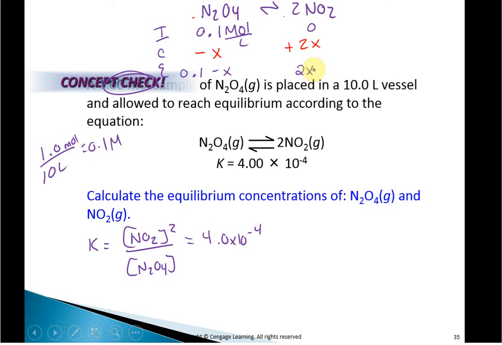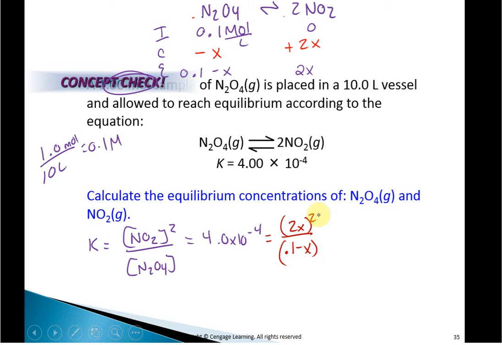That's pretty legitimate. But if we try to plug that in, that means that we now have 2x squared over 0.1 minus x. That is a nightmare.